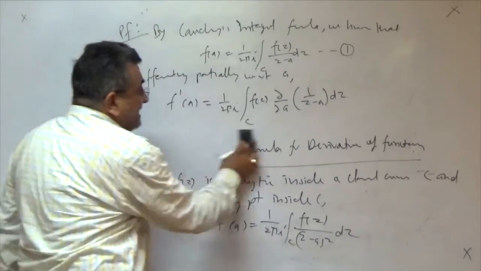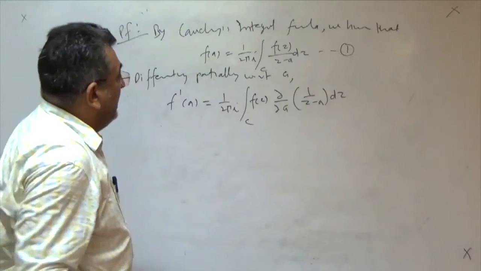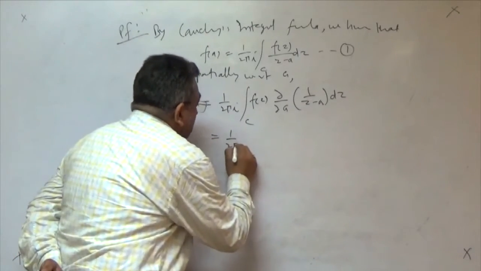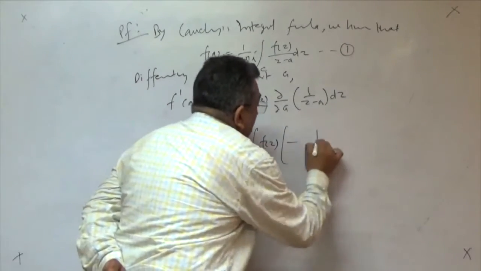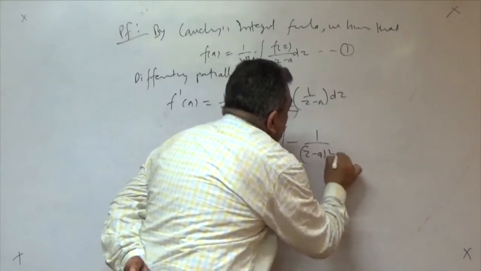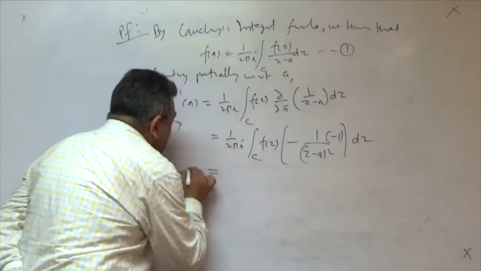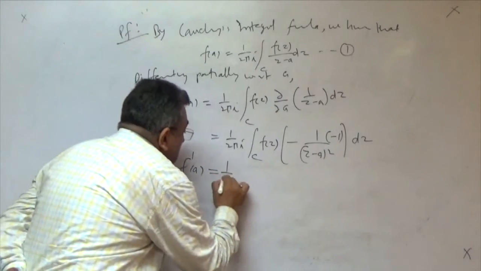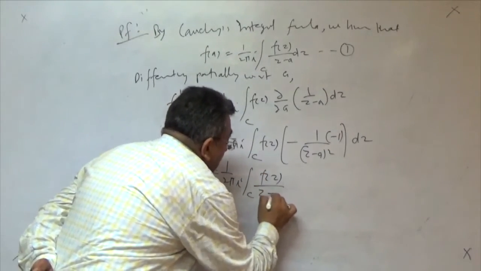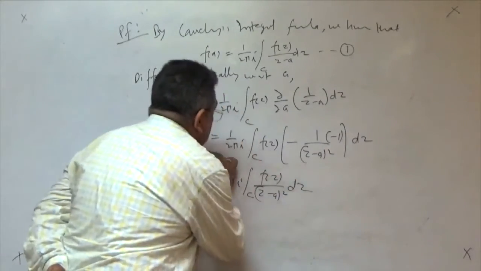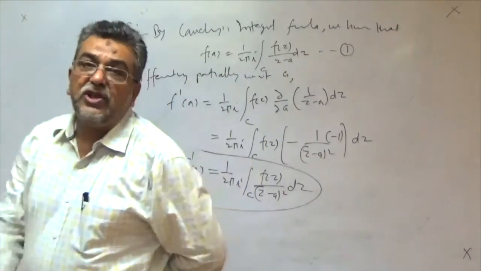This is a very simple method to prove this result. Integration of 1 upon (z minus a) with respect to a gives 1 upon (z minus a) squared. Finally, we get f'(a) is 1 upon 2 pi i times the integral over C of f(z) upon (z minus a) squared dz. This is your formula for the derivative of an analytic function.